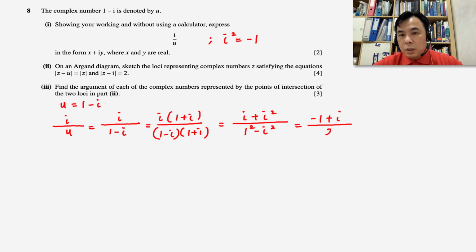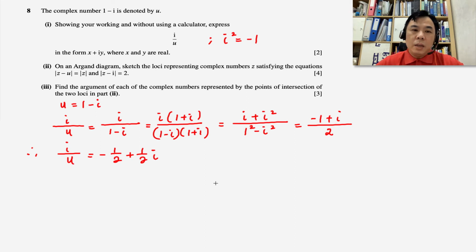Therefore, that will be a 2. Then, because they want it to be written in this form, we can conclude that i over u can be written as negative 1 over 2 plus 1 over 2 i there. And then there you have it. That is the solution to this ratio of the complex numbers. I hope that is clear.